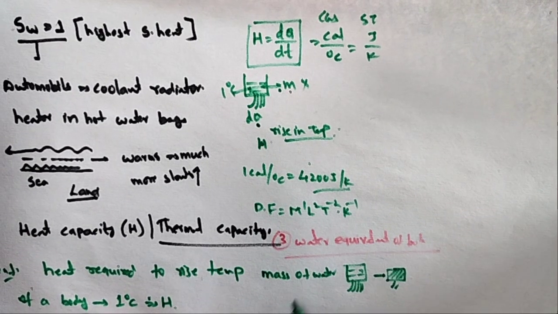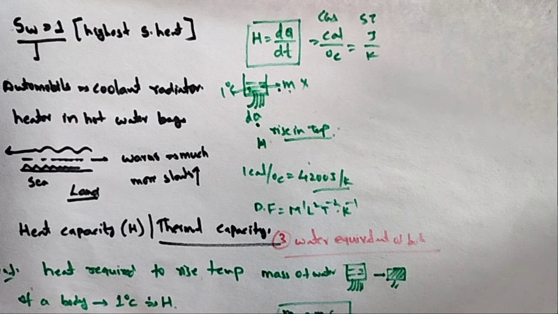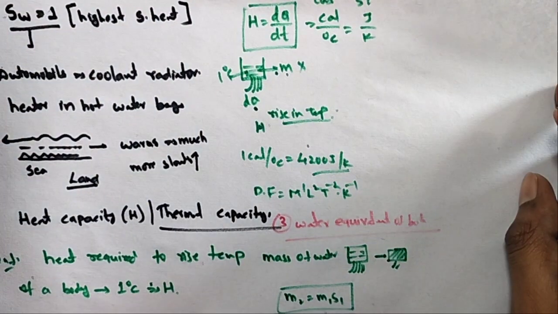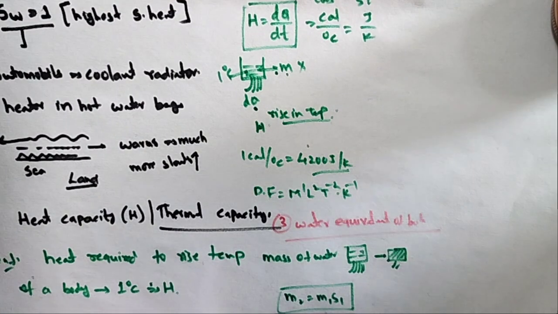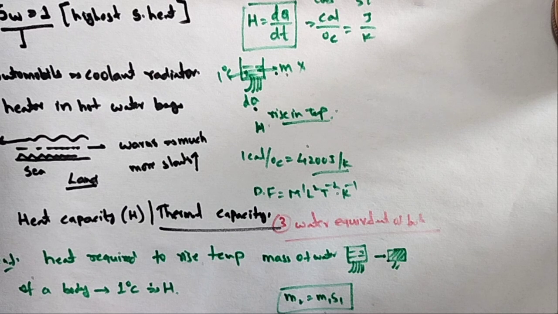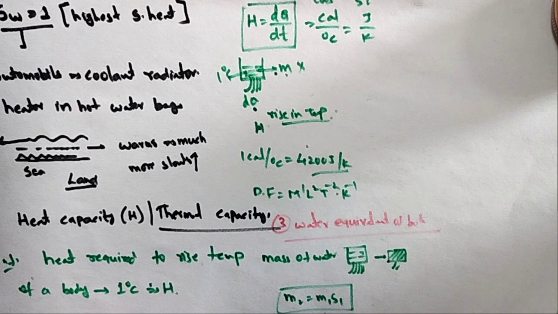So here W is equal to m1s1, which is also the mass times specific heat. What is the unit of water equivalent in the CGS system? Grams. In the SI system, it is kg.